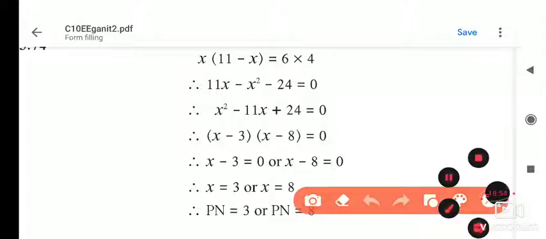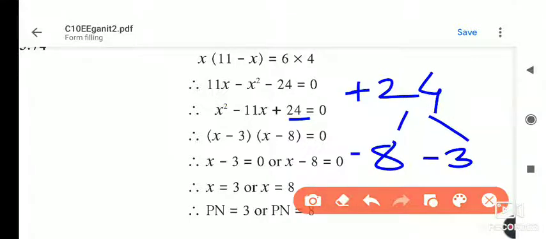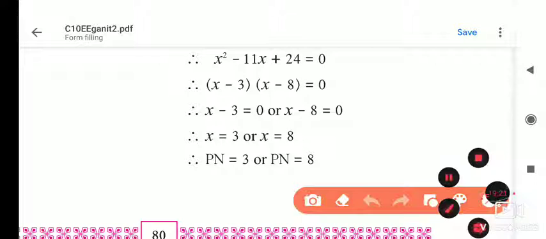The factors of 24 that add to minus 11 are 8 and 3, since 8 threes are 24, and both take the minus sign because minus 8 minus 3 is minus 11. So x minus 8 and x minus 3 are the factors, and solving this we get x equal to 3 and x equal to 8.